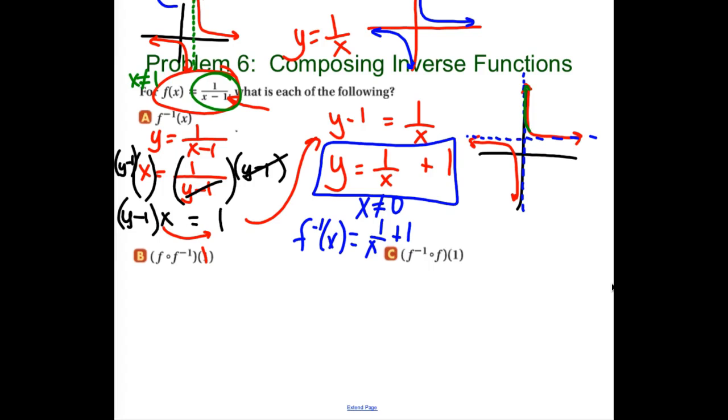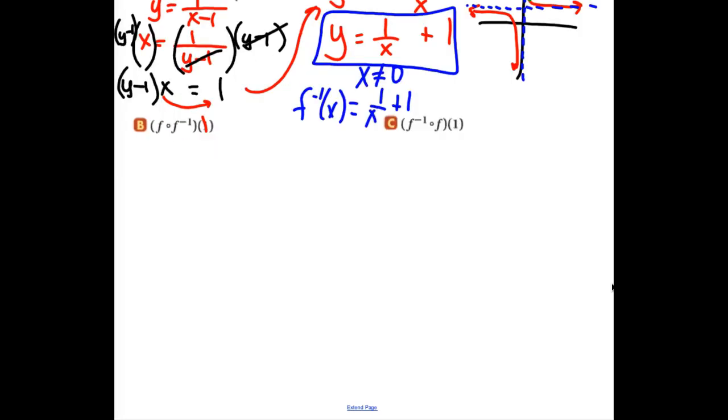We are going to do our 2 compositions, and I'm going to go through this first, pretending this is just an x instead of a 1, okay, like we did last week. So this one is saying start with function f, and inside it you're going to dump the inverse function. Okay, well, function f was 1 over something minus 1, correct?